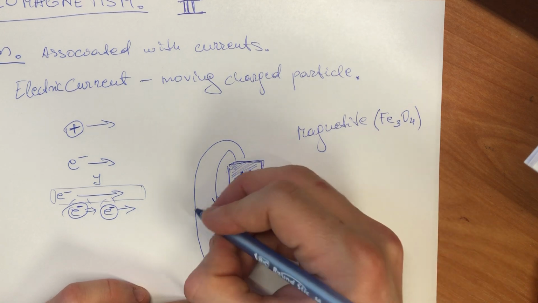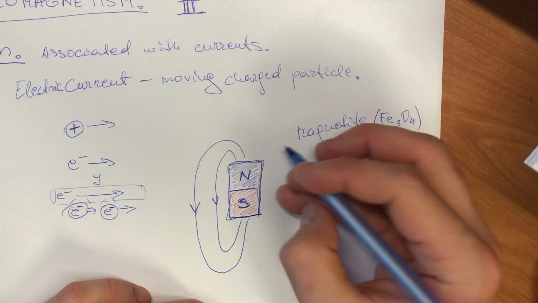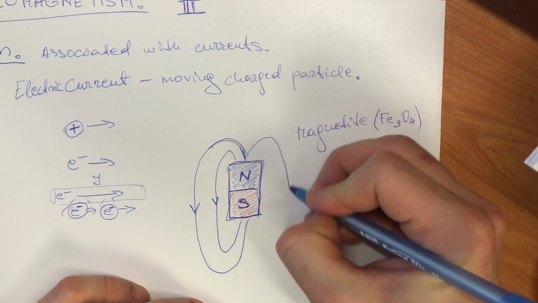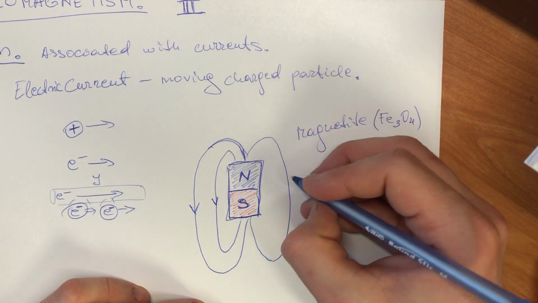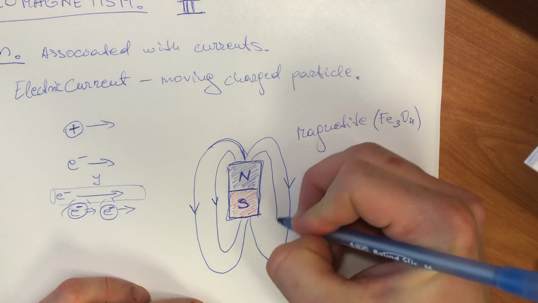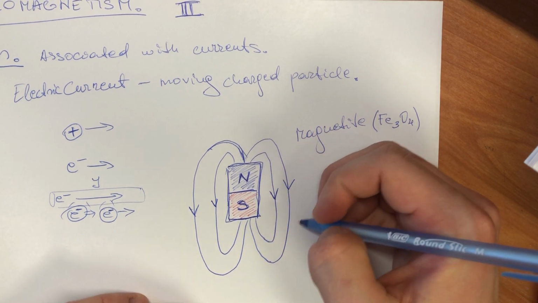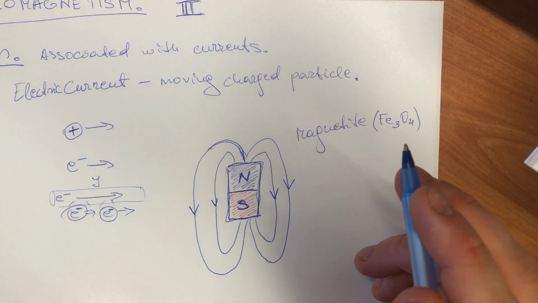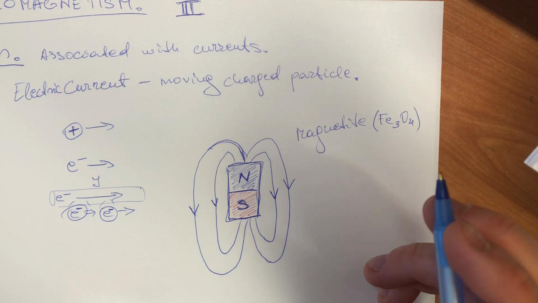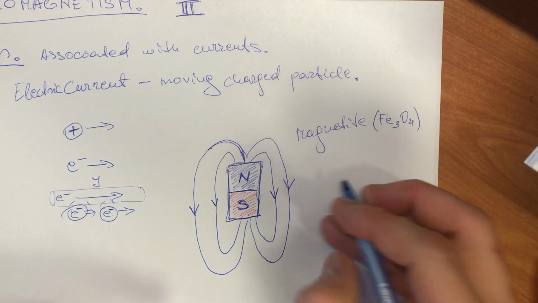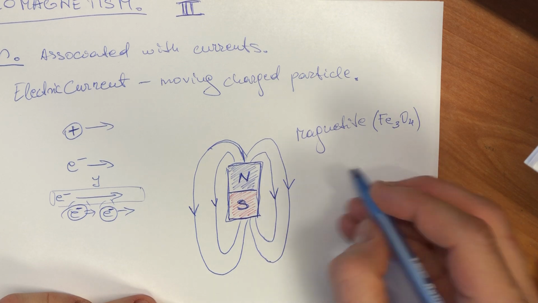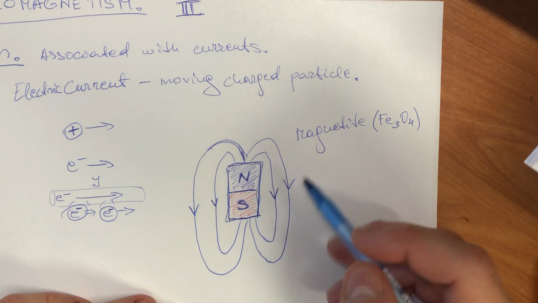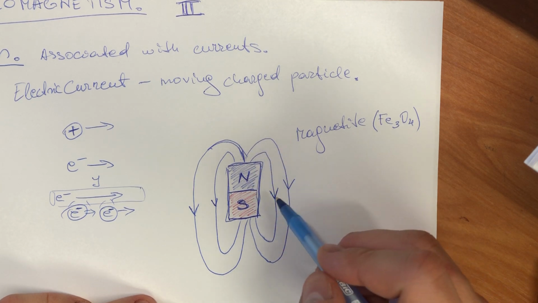These should be symmetrical lines, so they go from north pole to the south pole. And this is the magnetic field created by the bar magnet. So a bar magnet creates a magnetic field in the space.